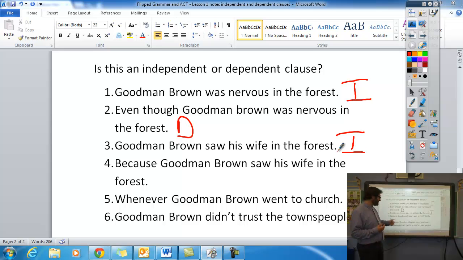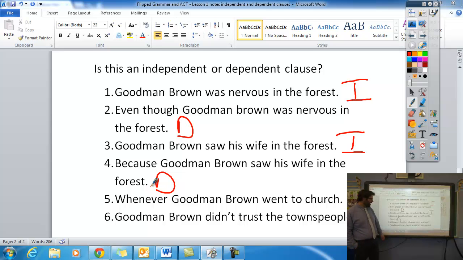But this one is a dependent clause, right? It cannot be on its own, right? If I said, because Goodman saw his wife in the forest, you would wait for me to say more. Well, what happened because Goodman saw his wife in the forest, right? This one is not a complete thought. It needs more information to be a complete sentence. So it's a dependent clause.